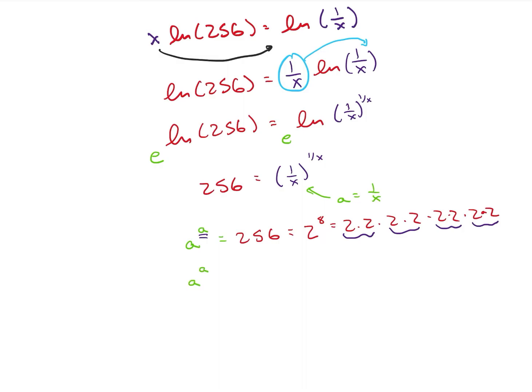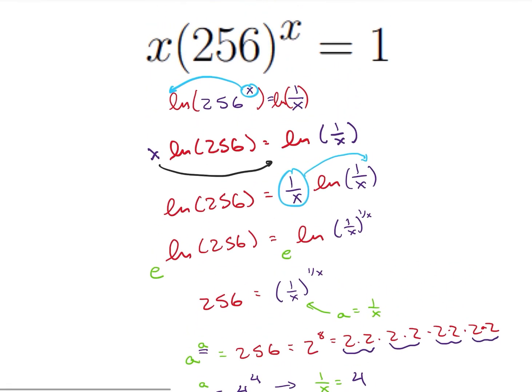So an answer is going to be a times a times a times a is equal to 4 raised to the 4th power. That would mean that 1 over x is equal to 4, or x is equal to 1 over 4. So x equals 1 over 4 is an answer to our problem.